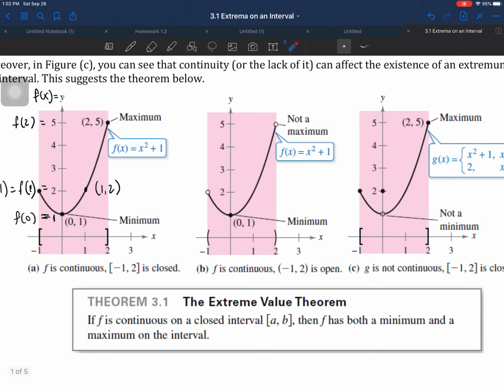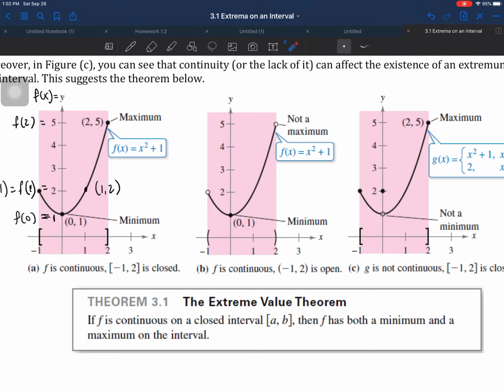Meaning, what conditions do we need in order for us to have a minimum and a maximum on the interval? Well, this first example does have a maximum and minimum, but this one didn't have both of them, right? So what made it not have a maximum in this example? Well, the fact that the endpoint was not included. So maybe we should start with having the endpoints included in the interval, meaning having them as brackets.